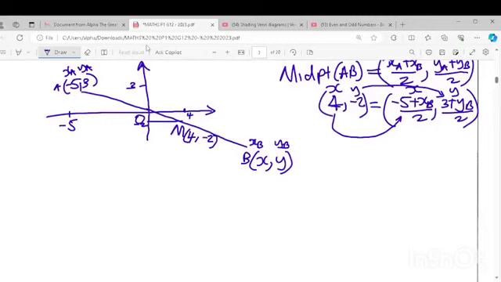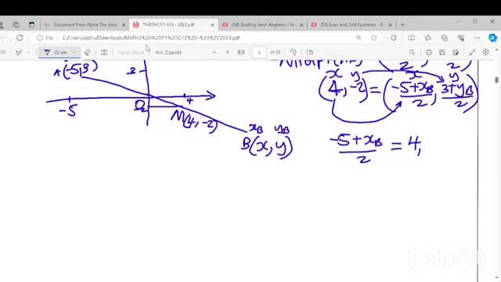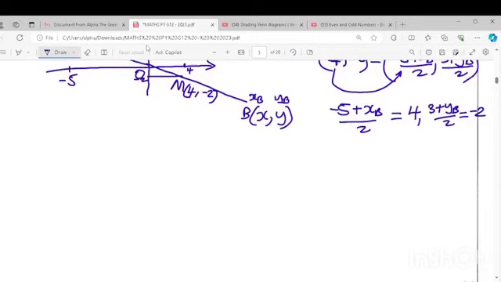So we're going to say (-5 plus x in B) over 2 is equal to the x value in the midpoint, which is 4. And also (3 plus y in B) over 2 is equal to the y value in the midpoint, which is -2. So we have these equations that we need to solve. I'm going to solve them here for the sake of space.